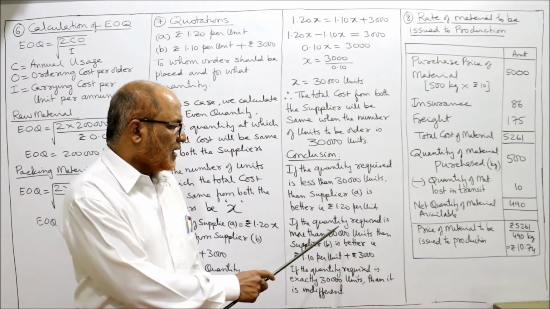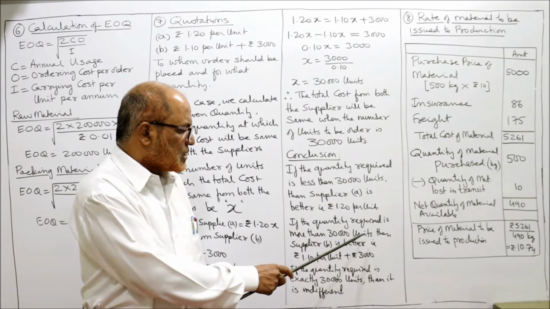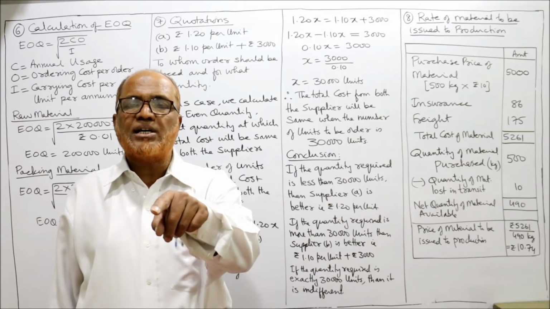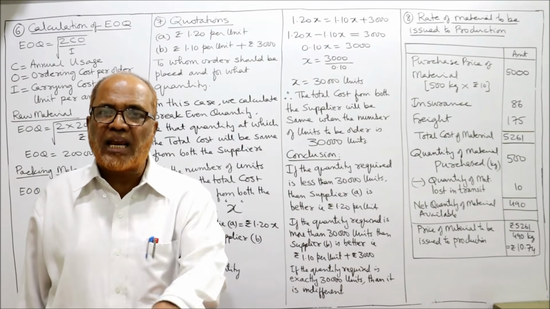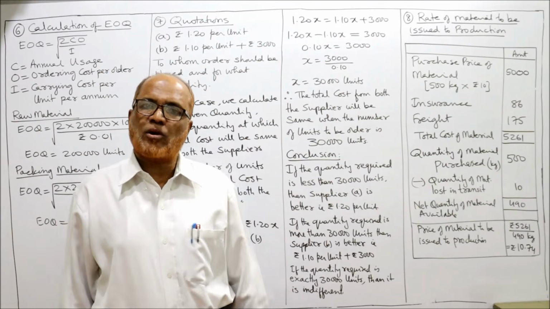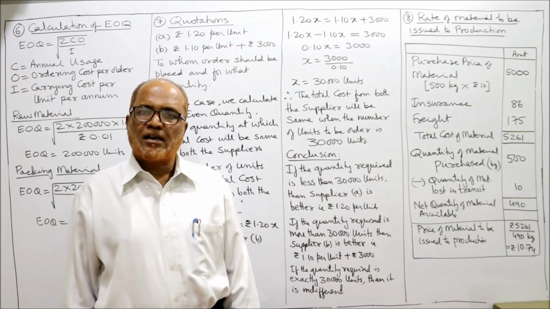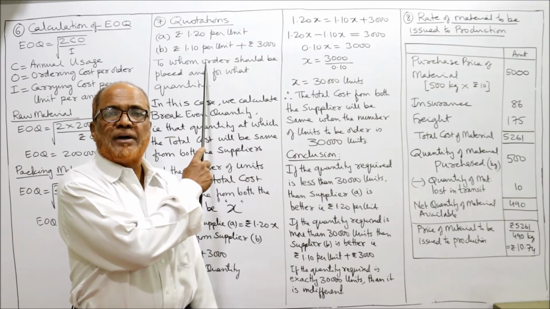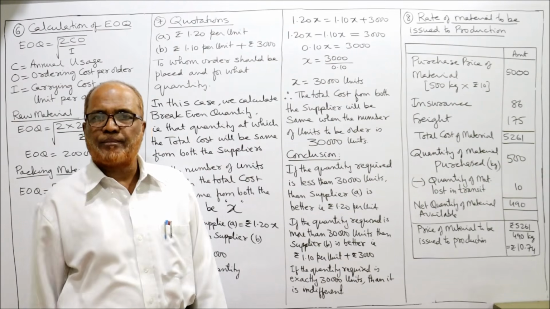If the quantity required is more than 30,000 units, then supplier B is better because its variable cost per unit is less. How much is the variable cost per unit from supplier B? 1 rupee 10 paisa per unit plus 3,000.